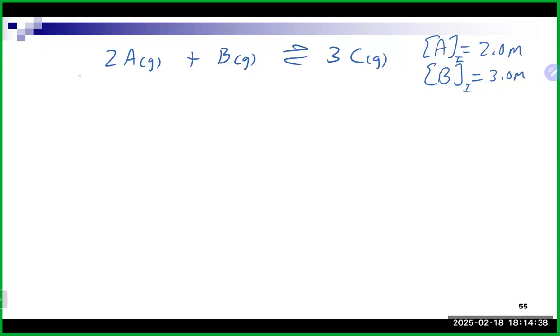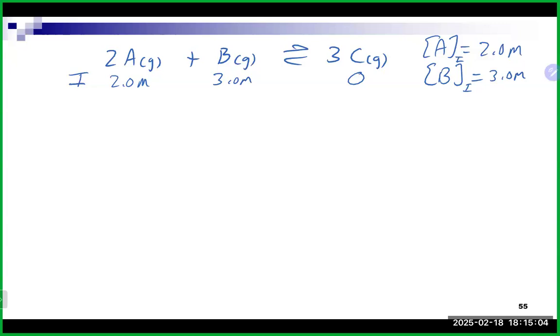So initially here, for our ICE table, we would use our I row and put in our concentrations, 2 molar and 3 molar. Now, nothing was given to us in terms of C initially. If you're not given anything in terms of products, it is safe to assume that it is 0. Clearly, if you're given something on the product side, you should put a number there.